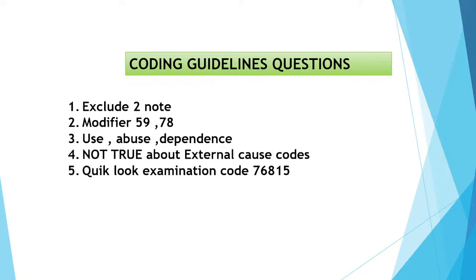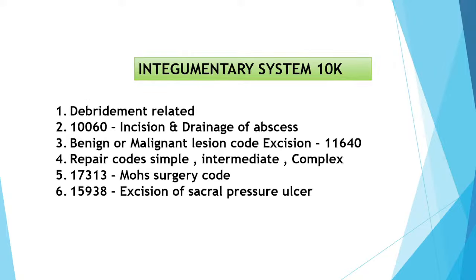And quick look examination code. Actually, it's a very easy code: 76815. Quick look examination. It's also a repeated question. I remember this question was in my examination also. So everyone just note down these important codes in your textbook.